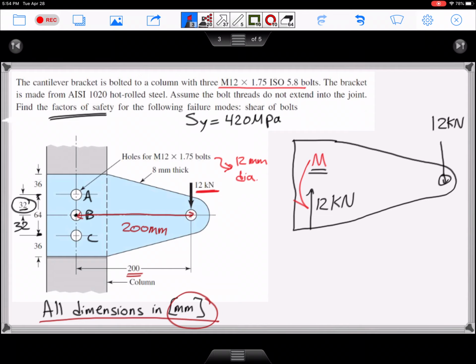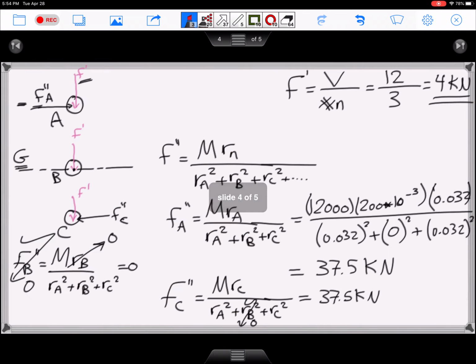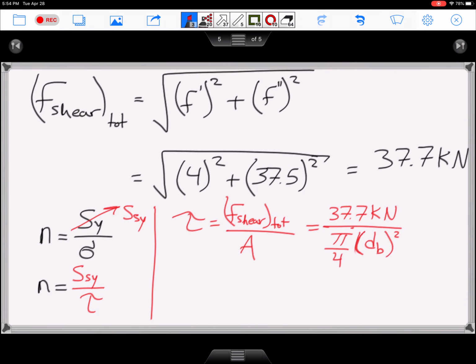You can also find this from the tables. So 37.7 kilonewtons over pi over 4 times the diameter of the bolt, 12, so 0.012 meters, squared.